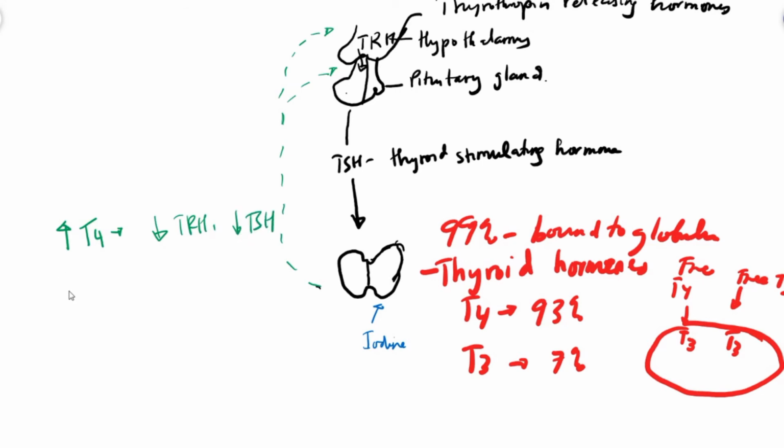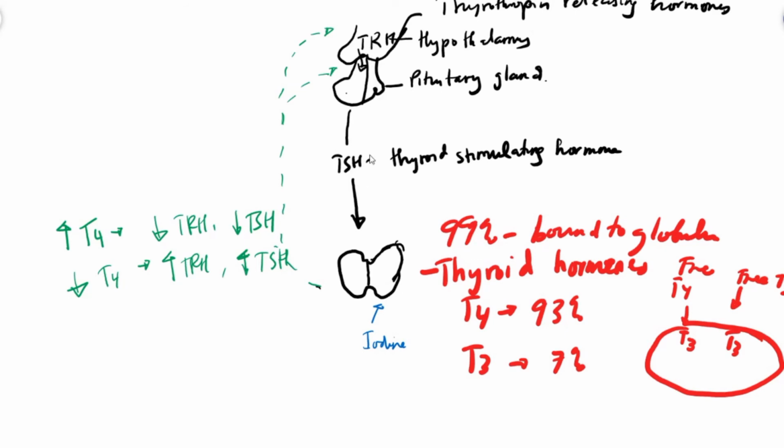Okay, if you have decreased T4, you will have an increased production of TRH and increased production of TSH. So less thyroid hormones, then the body is going to react to that by increasing the production of this one and this one.